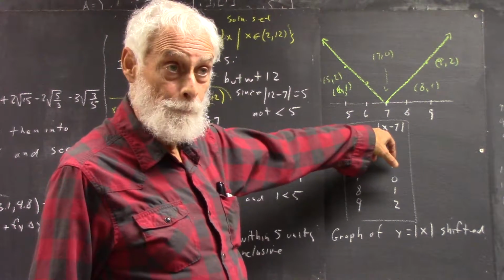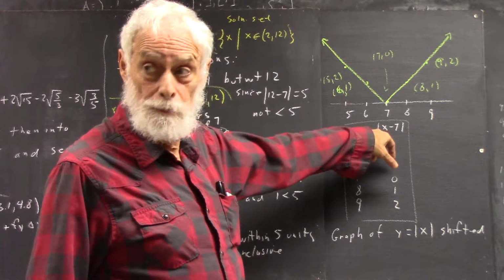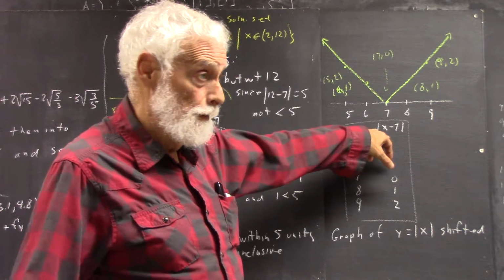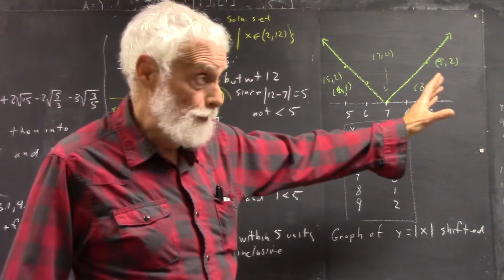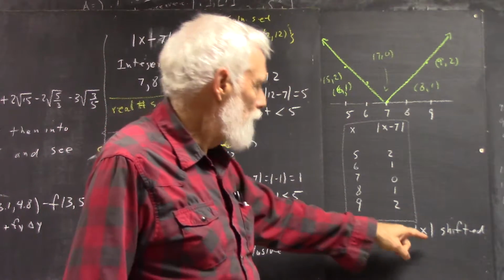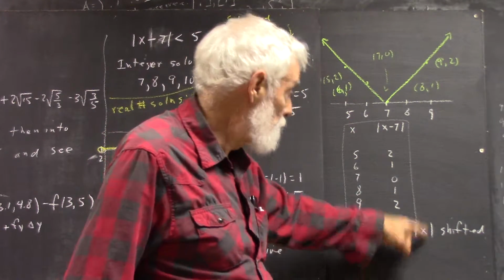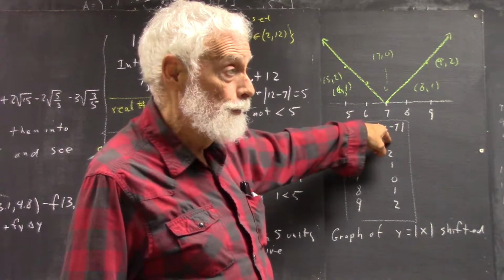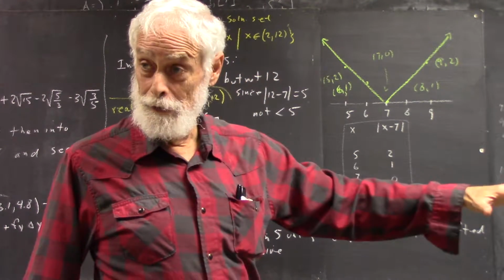And why? Well, if you know the graph of absolute value of x, which you probably do if you've read the section I recommended, you can see that it just shifts that graph over 7 units. But also, it's because you've replaced x by x minus 7. When you replace x by x minus h, you have a horizontal shift of h units, something I hope you're used to by now.